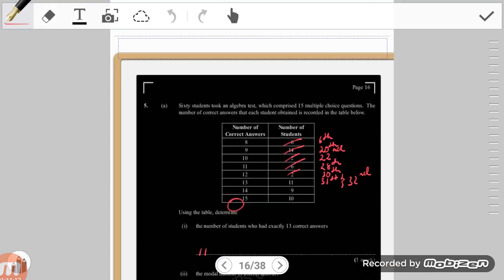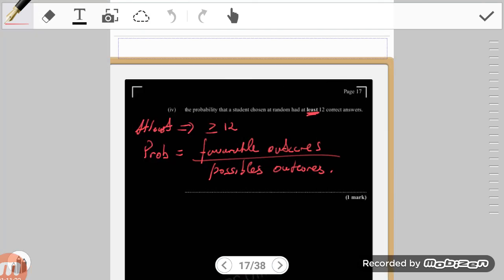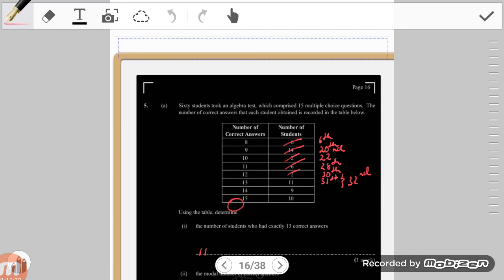So how many answers, how many students? Let's read this question again. The probability that a student chose not random has at least 12 correct answers. So we're looking for the amount of students that would have gotten 12 answers or more. Since it's at least, it includes students who got 12 answers.